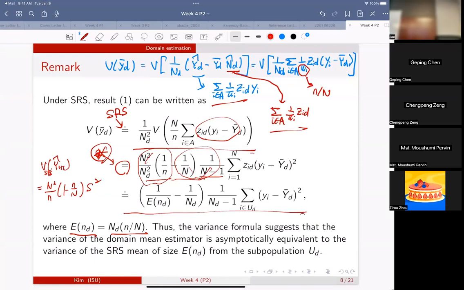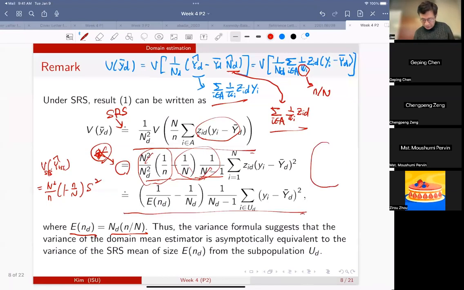So one interpretation of this formula is that you can kind of start with the simple random sampling from the subpopulation, right? So this is a kind of variance formula from the subpopulation UD, over sample size.